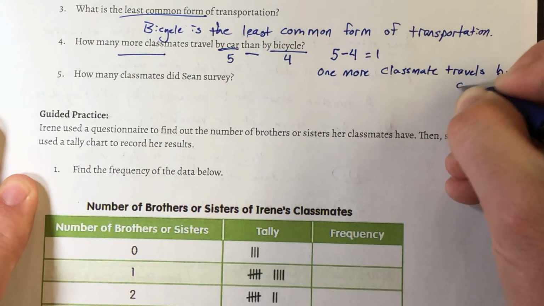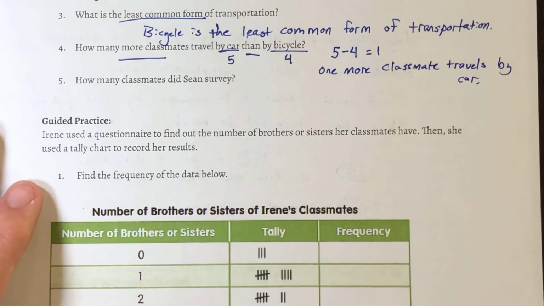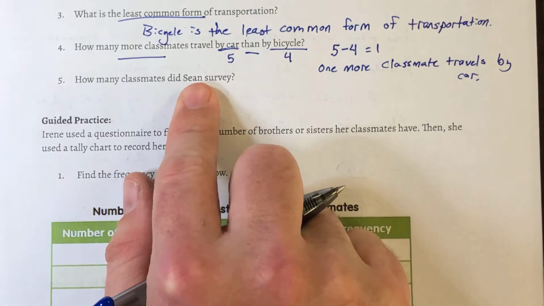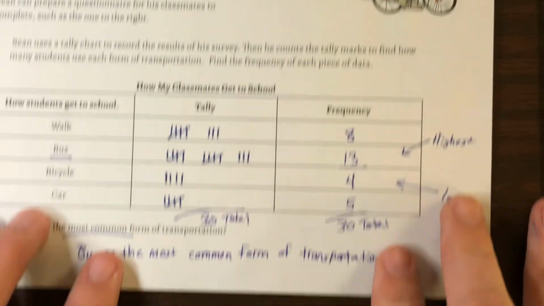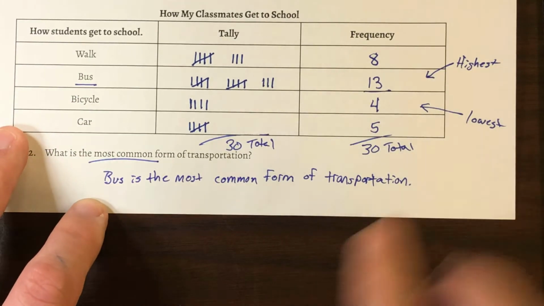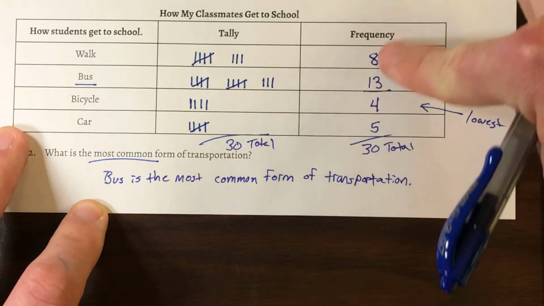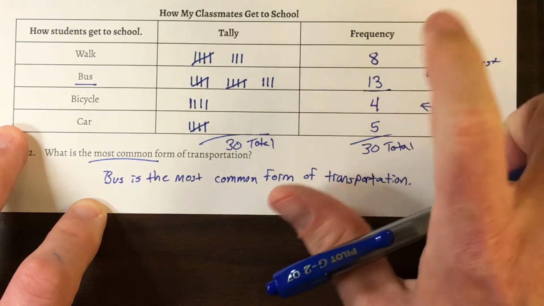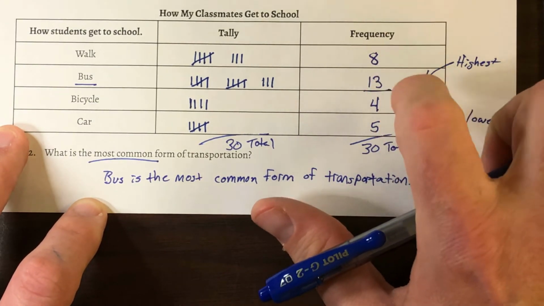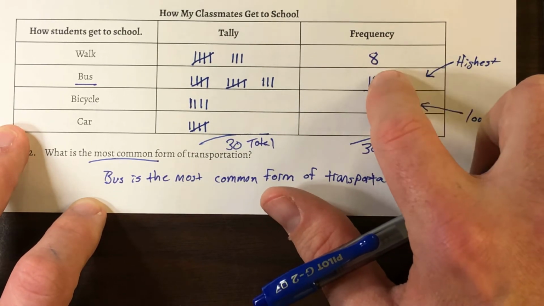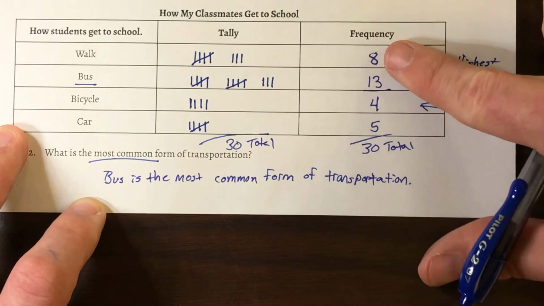Last question for this scenario: How many classmates did Sean survey? We already answered this at the beginning when we checked that our data values matched. These tally marks, or frequencies, represent the people. Most often your frequencies are going to represent people, but they can be items or events that happen. In this case, it is people.